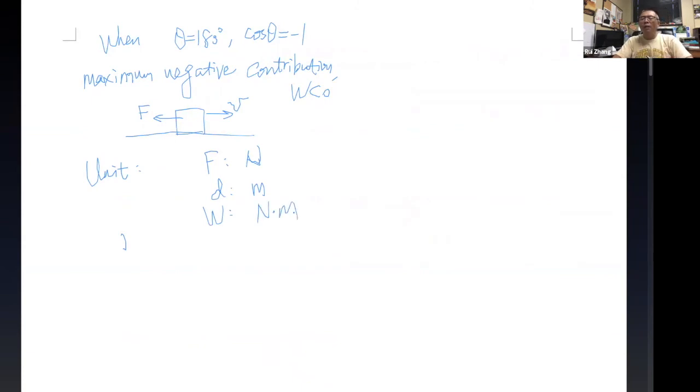In this case, we give a special name for it. We call it joule. Again, this name comes from a physicist, Joule, and he studied a lot about work and energy. He made a lot of contributions, so we use his name to name this unit.